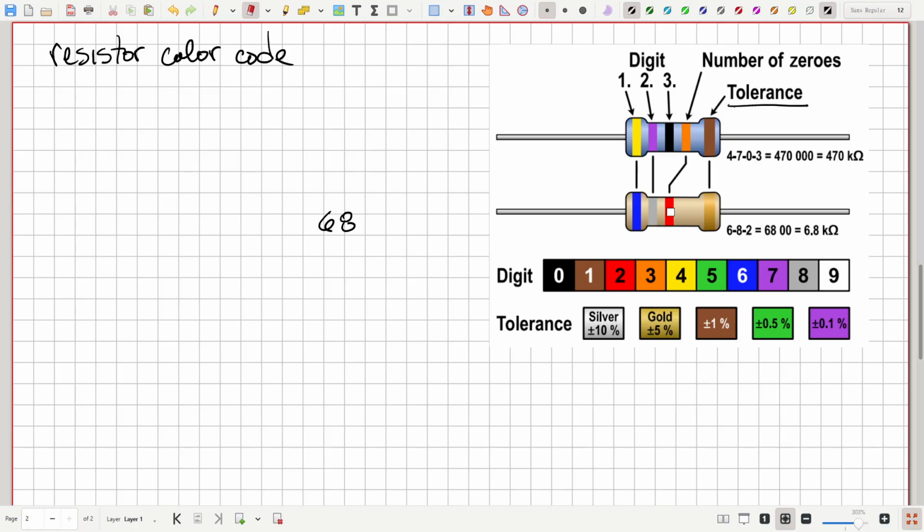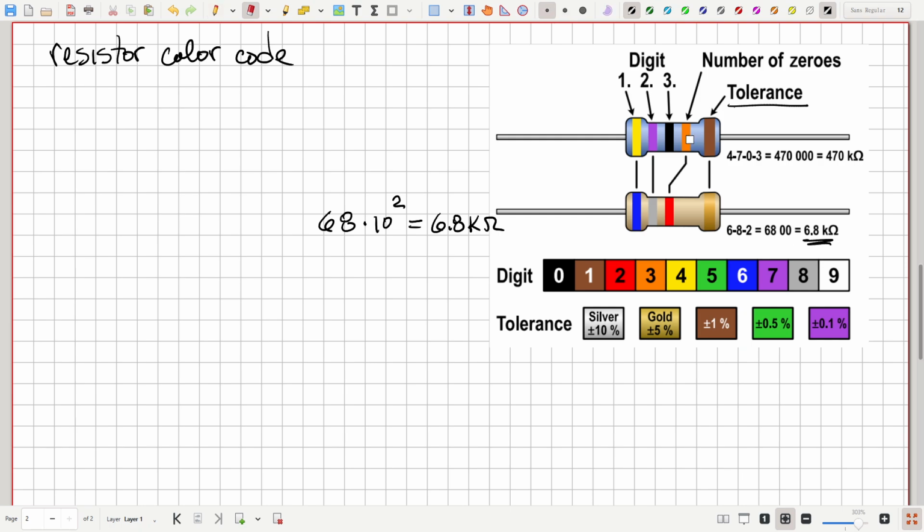And then the third band would be the number of zeros, or equivalently, a power of 10. So this is red, so that would be times 10 to the 2, or we could have just put 2 zeros. So 6,800, or that's equal to 6.8 thousand ohms, or 6.8 kilo ohms.